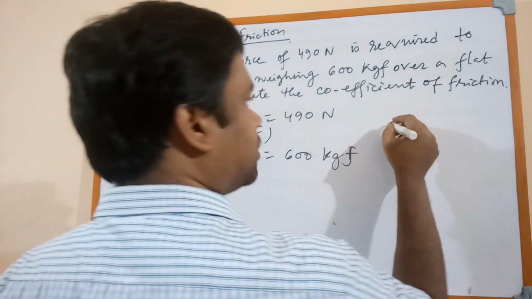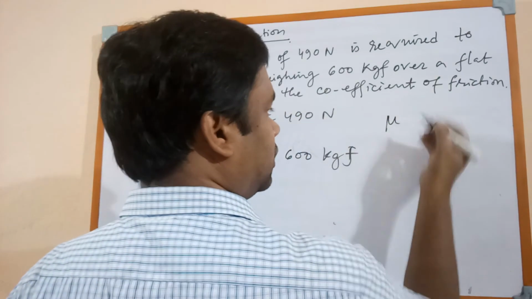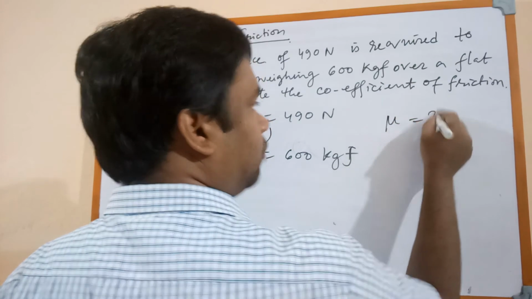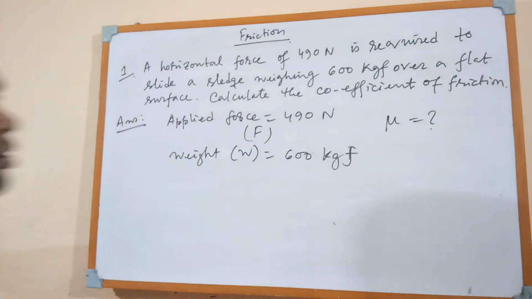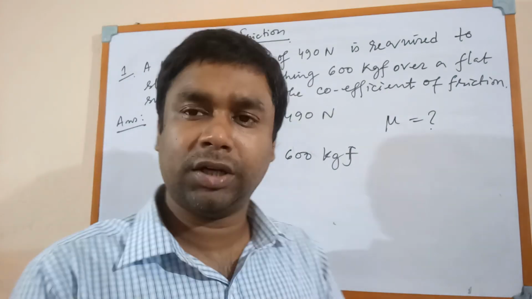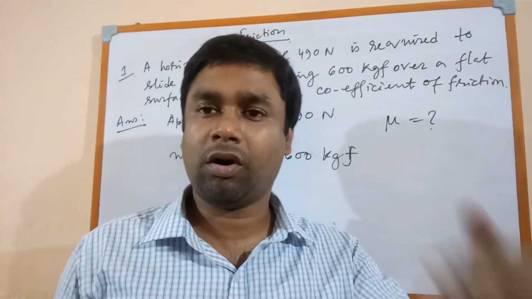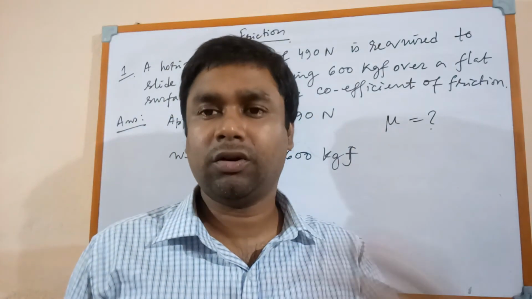We know the coefficient of friction is written as mu. Mu is a unitless quantity, the ratio of force and the normal reaction.